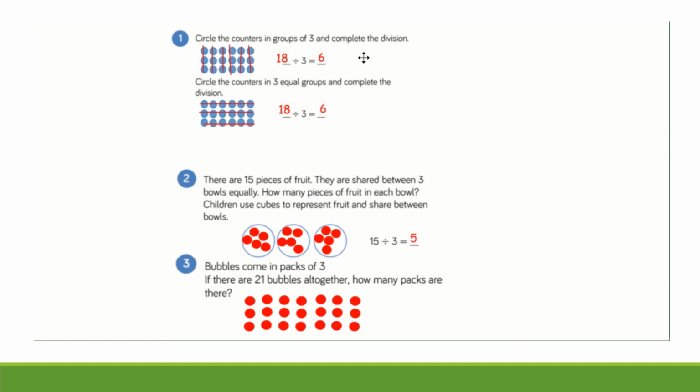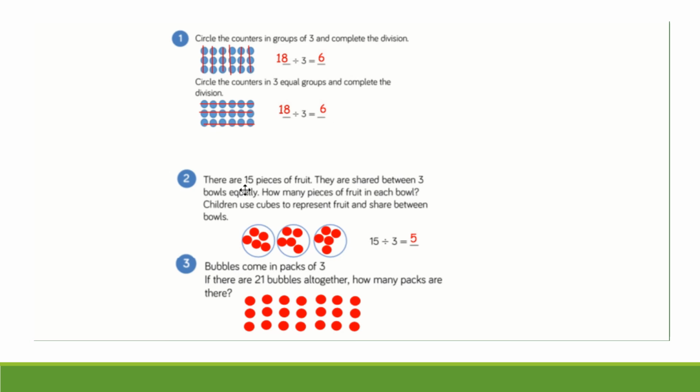Can you see that? And then it asks you to circle the counters in 3 equal groups. So we've now got 3 equal groups, and there are 6 in each group. So 18 counters altogether. We divide them into 3 groups, and the answer is 6. So 18 divided by 3 equals 6.